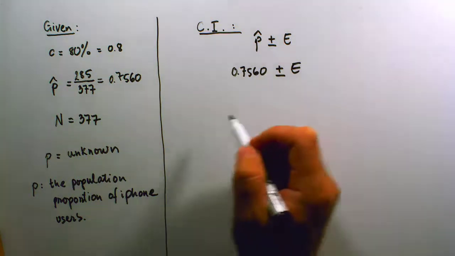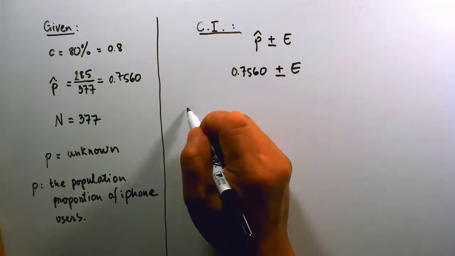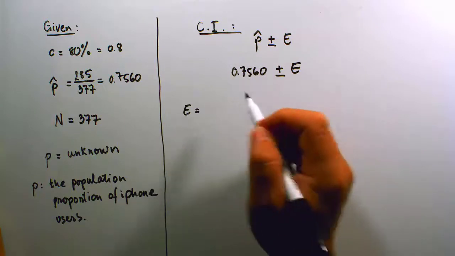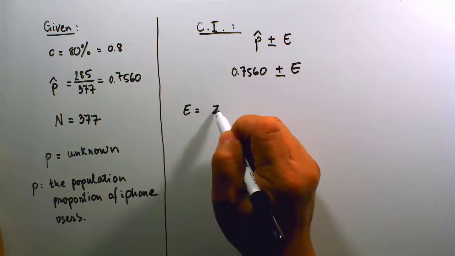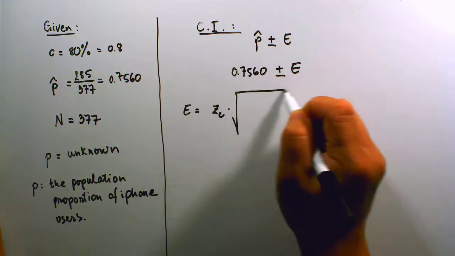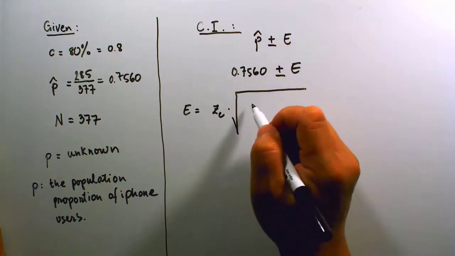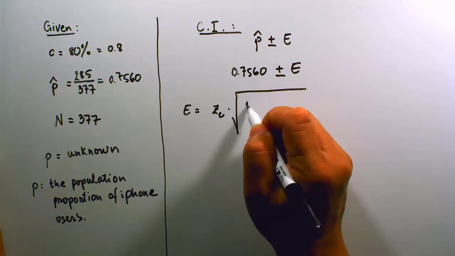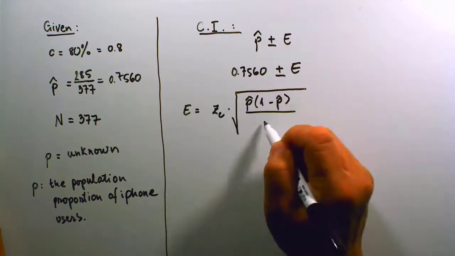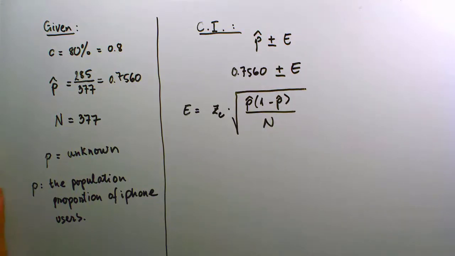And so now margin of error, according to the formula, we are going to multiply the value of z sub c to a square root expression, which has p hat times 1 minus p hat divided by the sample size. So that's another reminder about the formula.